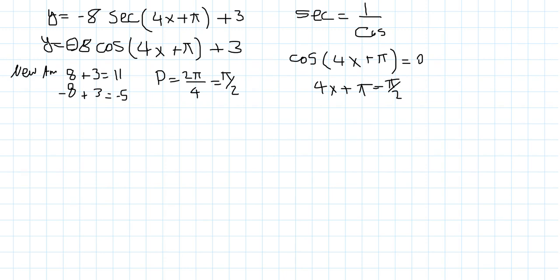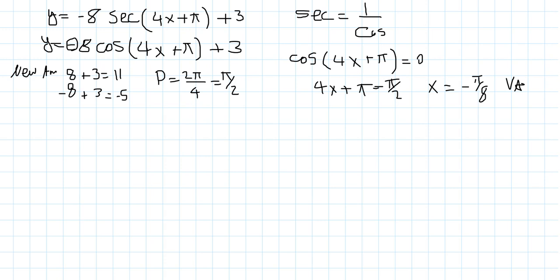Now I can find the first starting point. So on x equals minus pi over 8, I have this, and here it gives you the vertical asymptote.